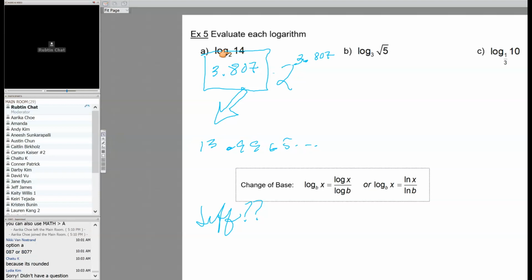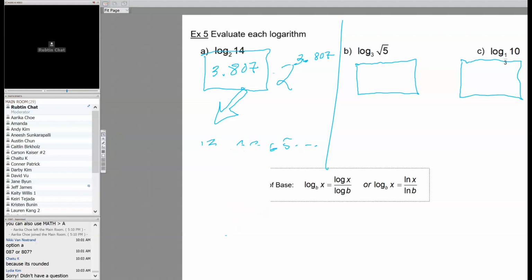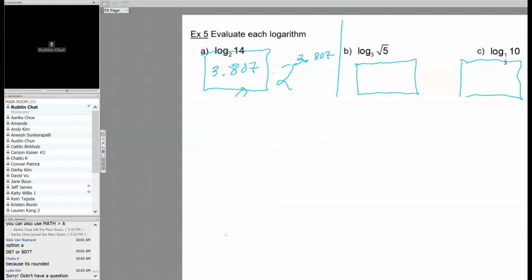No, that's fine, Libby. I was just making sure. So same thing with this one. You're going to do log base 3 of root 5. I want an answer for this one to 3 decimal places and an answer to that one. Just type them in and then wait. Type and wait. So to 3 decimal places.